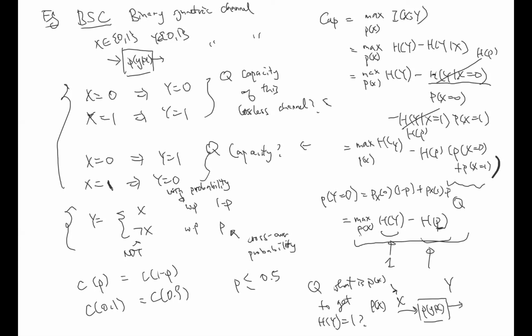So if I want to get H(y) equal to 1, I want the distribution to be uniform. Therefore p(y=0) should be equal to p(y=1), equal to 0.5, right?